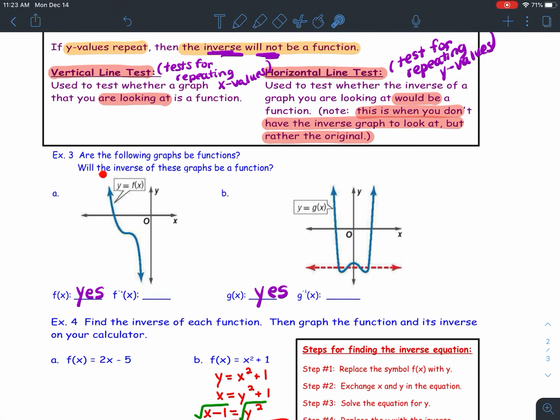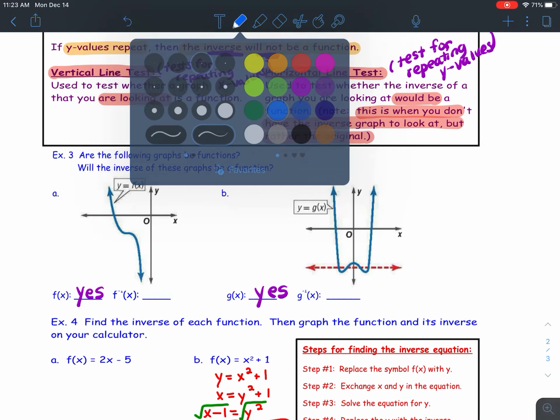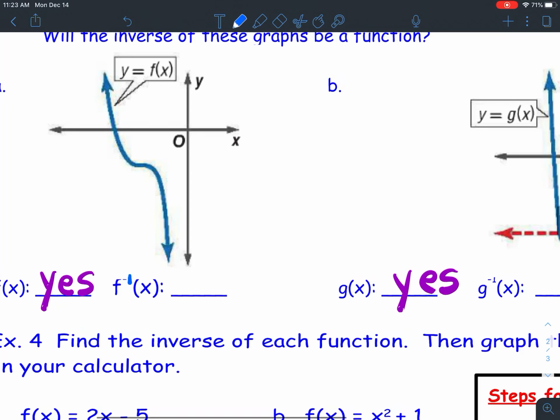Now, if I'm asked, would the inverse to these graphs be a function? I don't want to do the vertical line test. I want to apply the horizontal line test because I'm wanting to check for repeating y values. Okay, so now I'm going to use my notation here for the inverse. This should be a little negative 1 here on each of these.